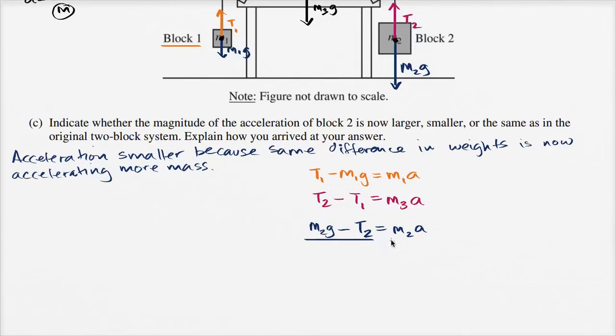And so what are you going to get? If you add up all of this, T1 is going to cancel out with the subtracting T1. This T2 is going to cancel out with the subtracting T2.